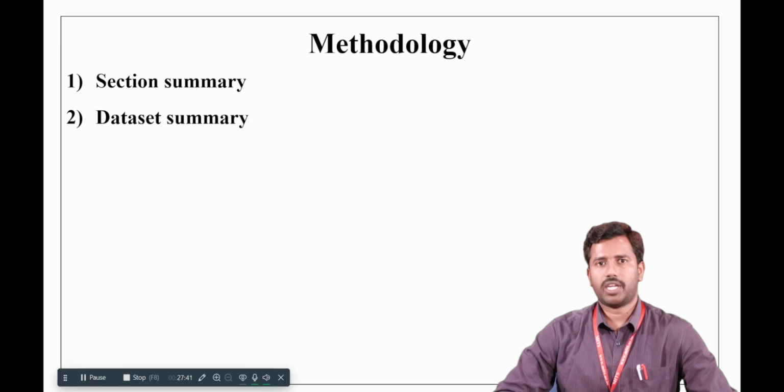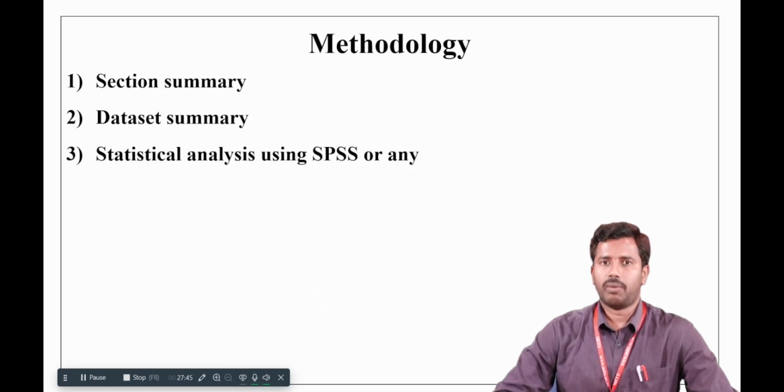Likewise, we can maintain the summary of the dataset with the help of the IBM SPSS tool or any other tools. IBM SPSS is a popular tool available in the market, through which we can easily find out p-values or t-test values.